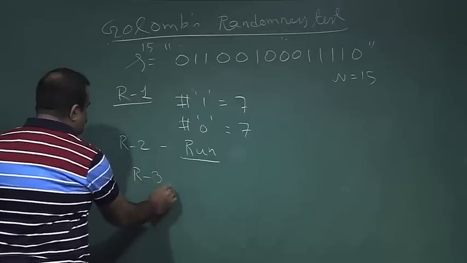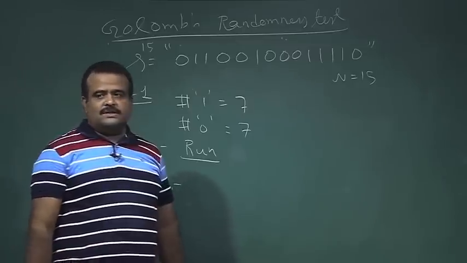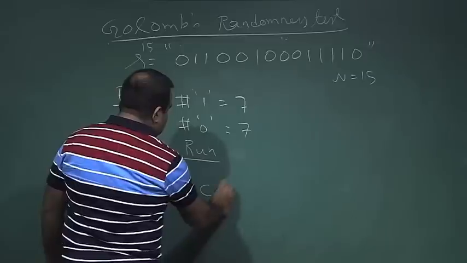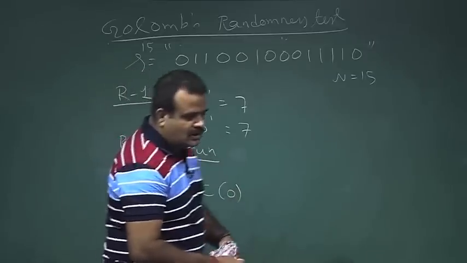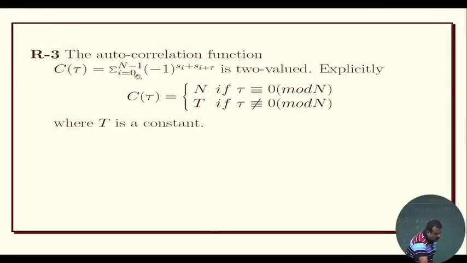Now, we consider rule number 3, which is basically the autocorrelation function. We define the correlation function C(tau) using this formula: we take s_i, then s_(i+tau). If tau is 0, then this is basically s_i twice; if tau is 1, then s_(i+1), like this.